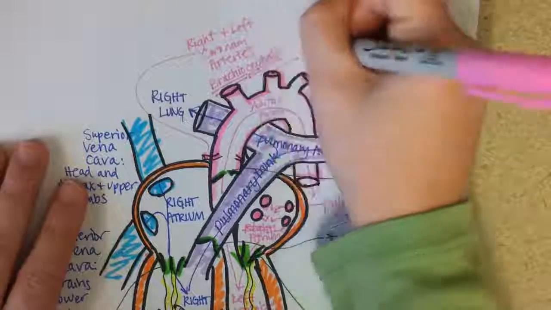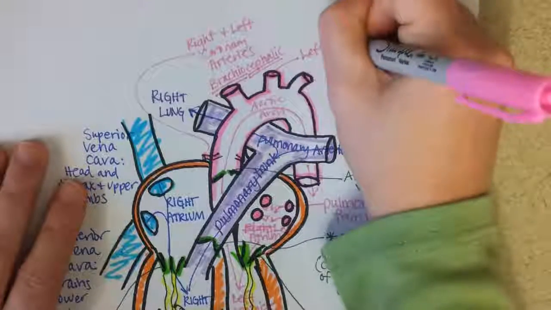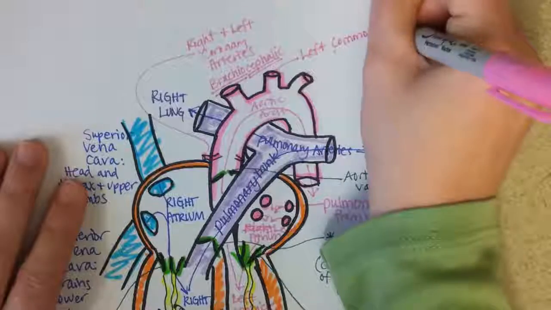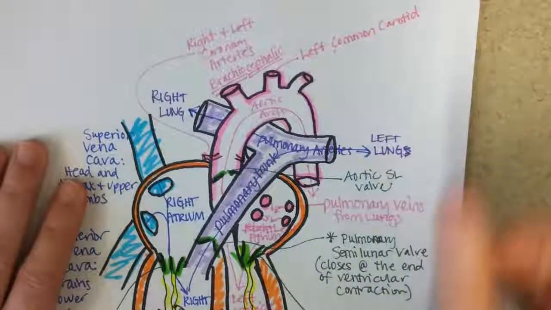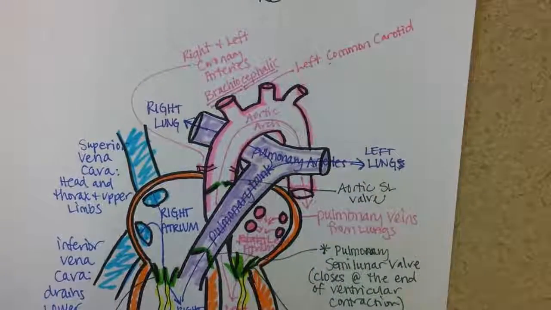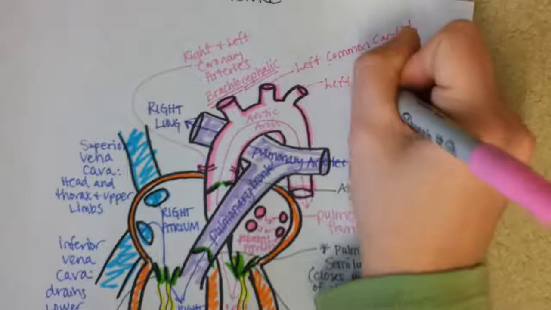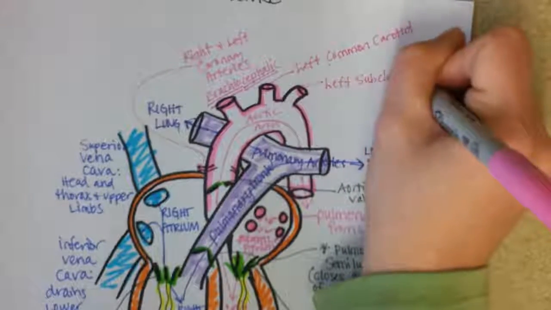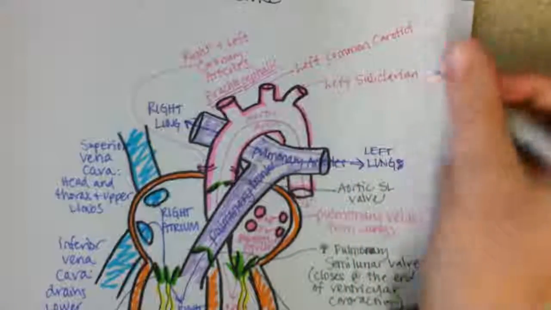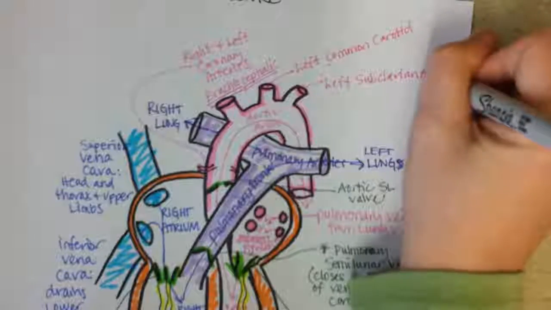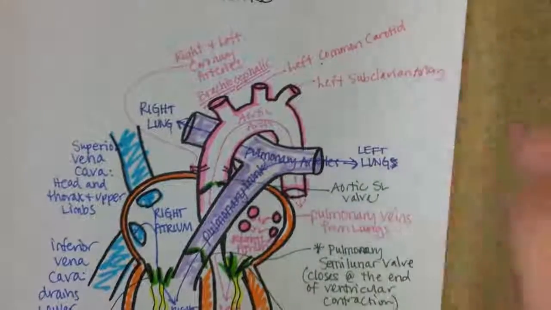And then the next one is called the left common carotid, and it sends blood up to the left side of the head, up the neck. And then this one is the left subclavian, just like it sounds, it goes underneath the clavicle. And so this artery sends blood to the left arm.